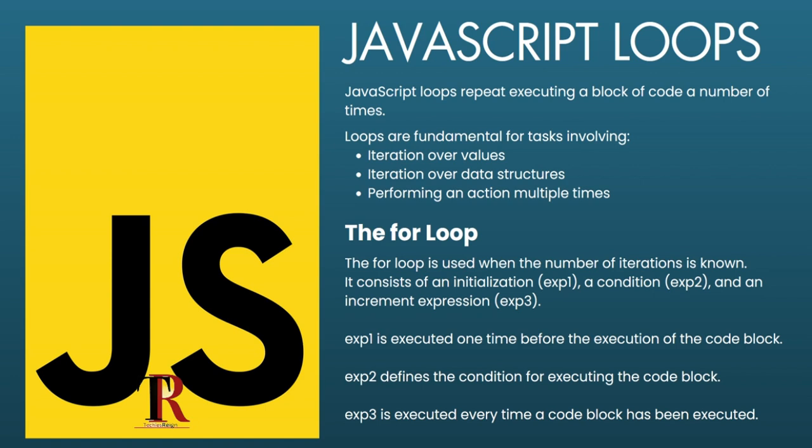Loops are fundamental for tasks involving iteration over values. When you have items or tasks that involve iteration over values, loops become handy and very useful. When you want to iterate over data structures, a loop is an ideal fundamental for a task like that.